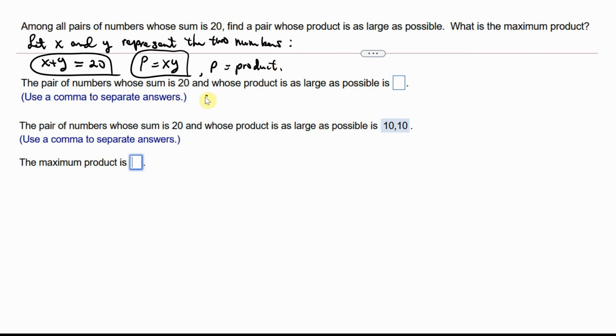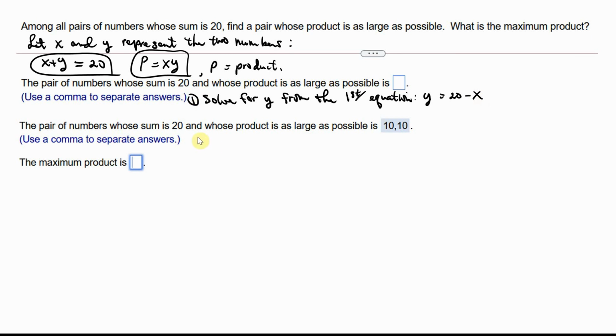So, step 1: solve for y from the first equation. I get y is equal to 20 minus x.